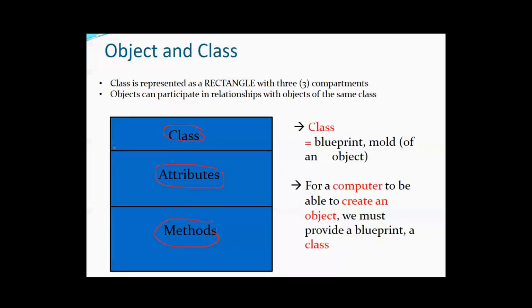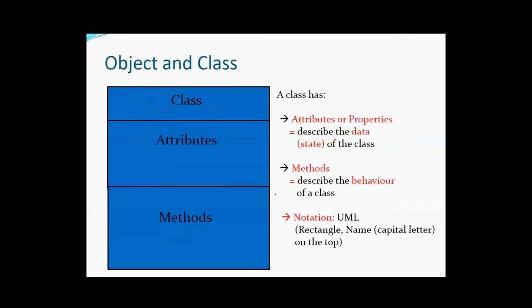I'll give you an example later on. The attributes describe the state of the class, and here we have the methods of the class. This is the UML notation of the object and the class as well. When you draw the diagram later on, you will use this notation.